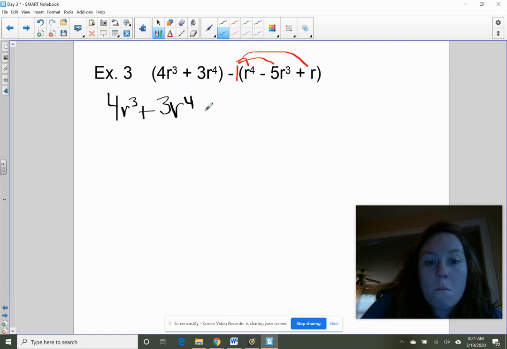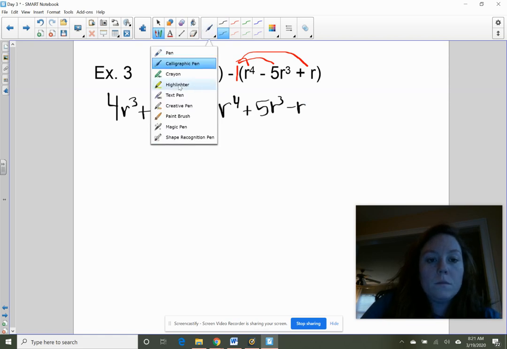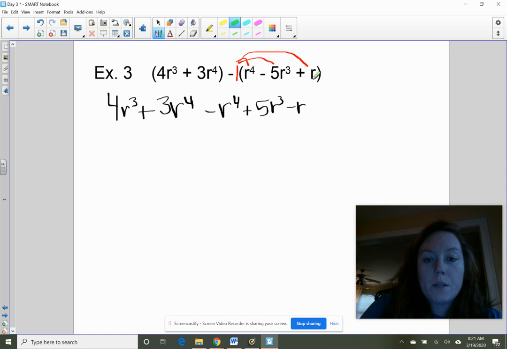This is going to turn into a minus r to the 4th. This is a negative 5r cubed, so it's going to turn into a plus 5r cubed. This is a plus r, so I'm going to turn it into a minus r. Okay, so all I did was change all of these signs.